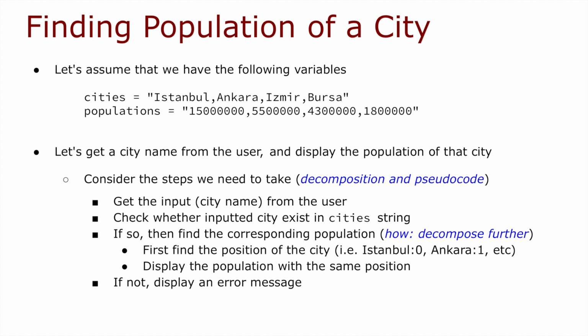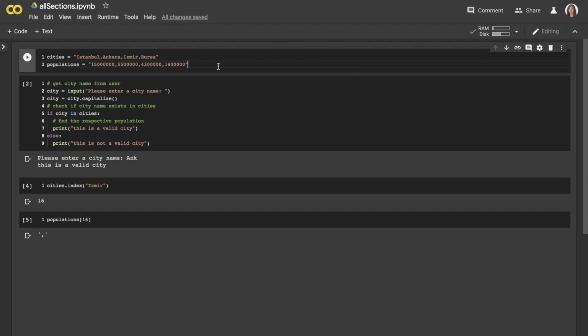What we said last was if we can change the format of these variables, cities and populations, in such a way that, for example, at index 0 of the cities variable we have Istanbul, at index 1 we have Ankara, at index 2 we have Izmir, and likewise for the populations variable, at index 0 we would like to have 15 million, at index 1 we would like to have 5.5 million, so on and so forth. So these were our variables, cities and populations, storing values of type string.